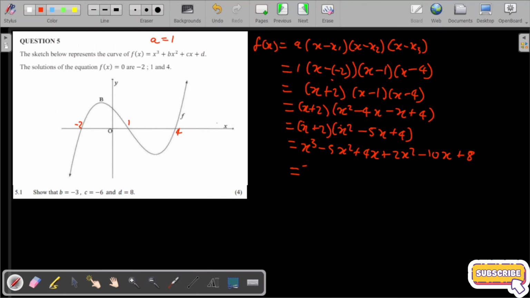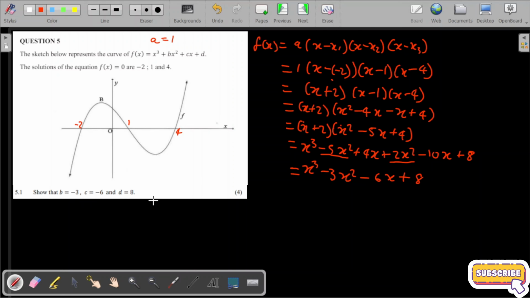Then adding my like terms: x cubed, negative 5x squared and positive 2x squared, which is negative 3x squared. I have 4x minus 10x, which is negative 6x. Then plus 8.